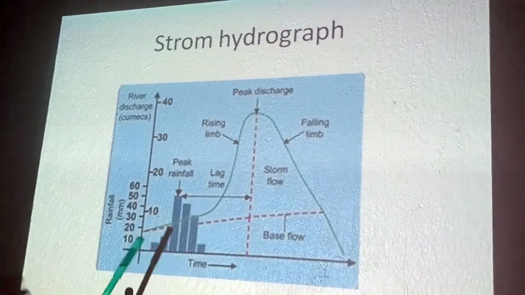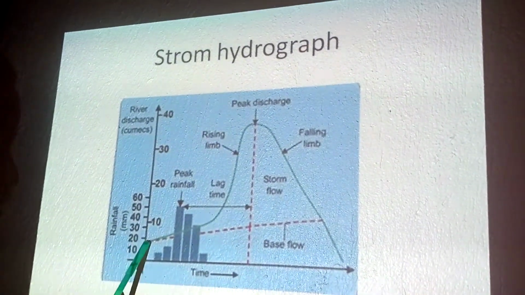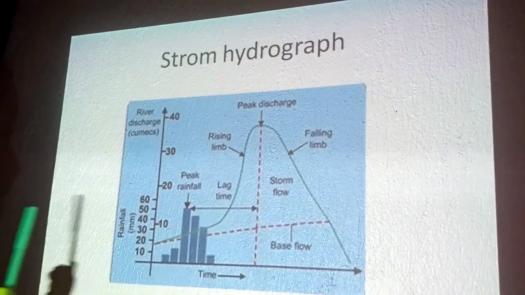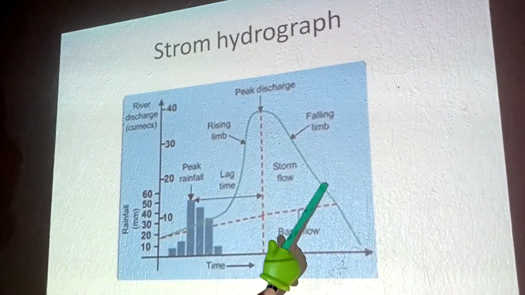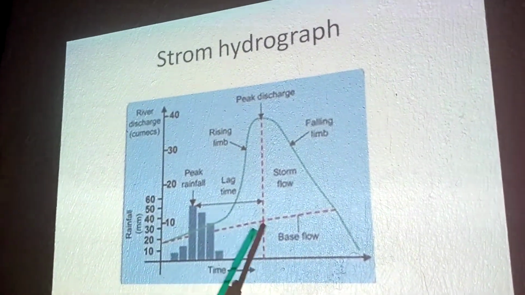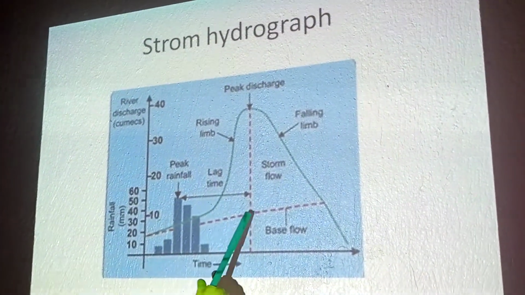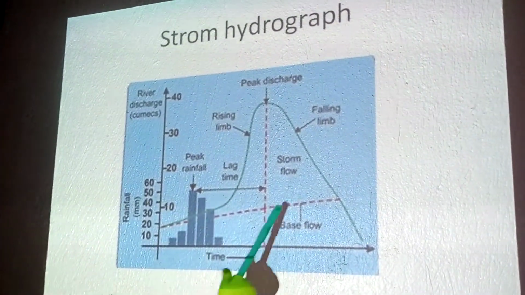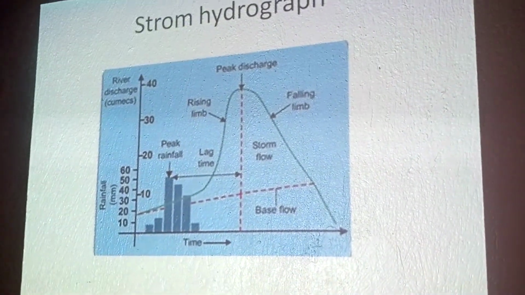Maybe something else that I can talk about is the base flow, which is the normal flow of the river that is supplied by springs, excluding surface runoff. So this green is the discharge experienced by the river due to the surface runoff from the precipitation, but this red line shows the base flow, which is the normal flow of the river when the precipitation is not happening.